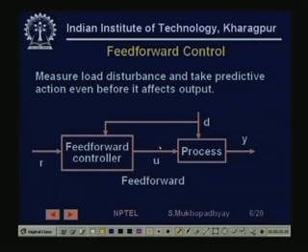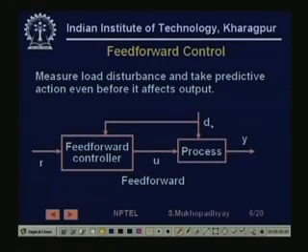So what is happening? Naturally your compensation is not really based on the final result that you desire, in the sense that you must know that if there is a disturbance change, then how much input is needed to compensate it.